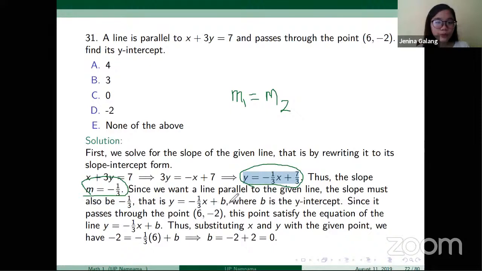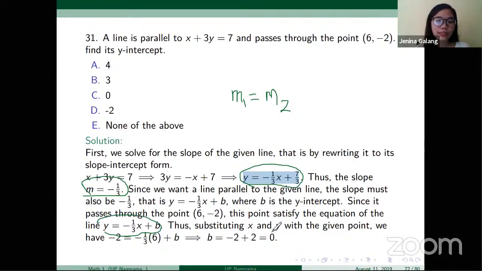And now we will find its y-intercept. So we have, since it passes through the point (6, negative 2), this point satisfies the equation of the line y equals negative 1/3 x plus b.